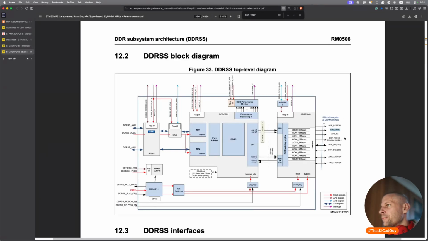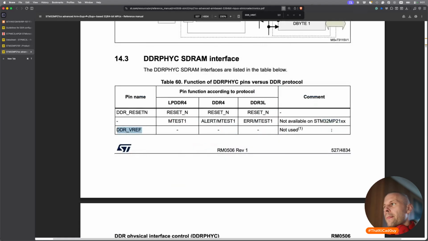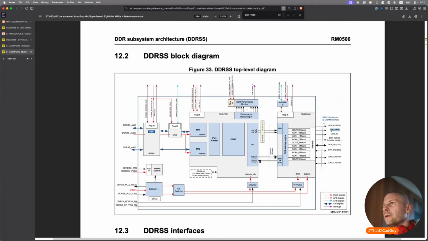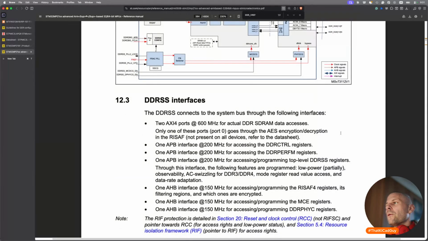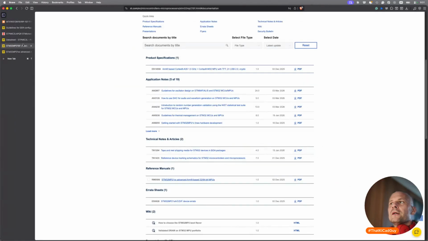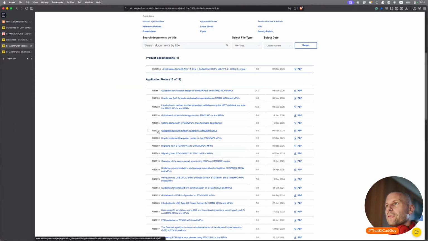DDR_VREF is according to this an output, not used. I don't understand. Just 2 occurrences. Good. Okay. So we have more.